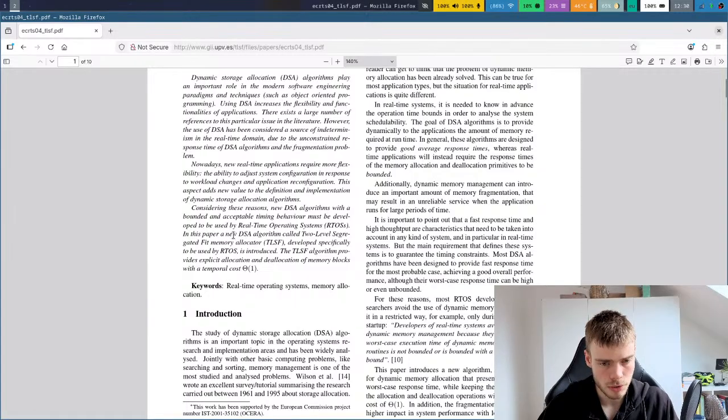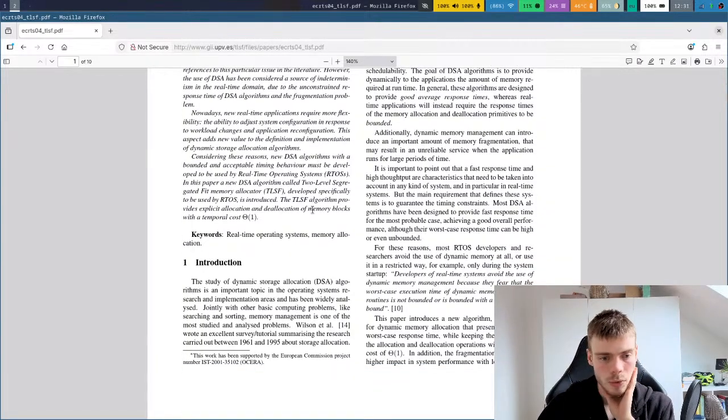In this paper, a new DSA algorithm called two-level segregated fit memory allocator (TLSF), developed specifically to be used by RTOS, is introduced. TLSF algorithm provides explicit allocation and deallocation of memory blocks with a temporal cost of O(1).